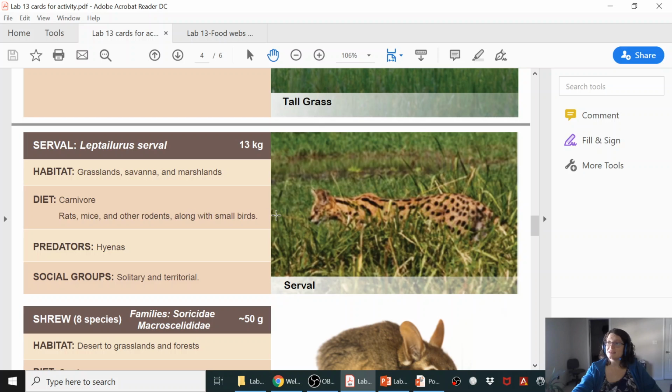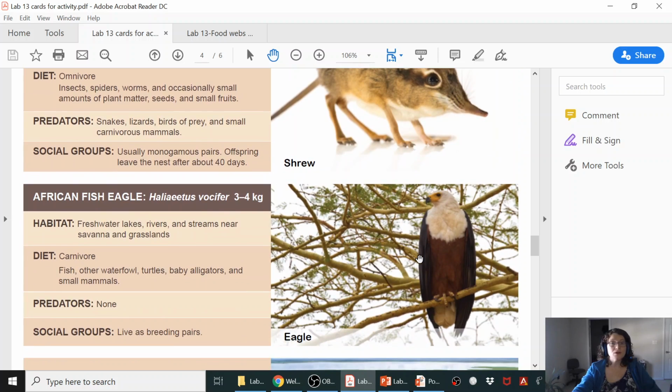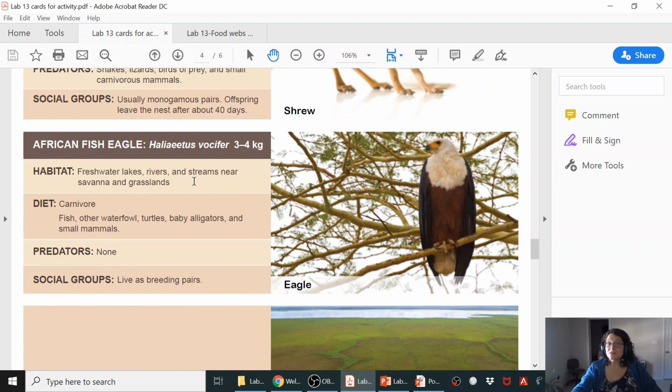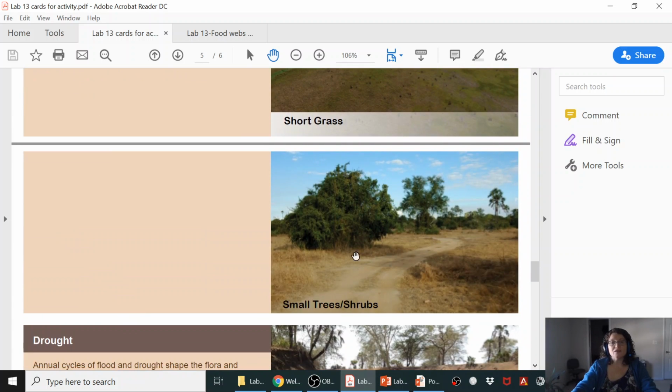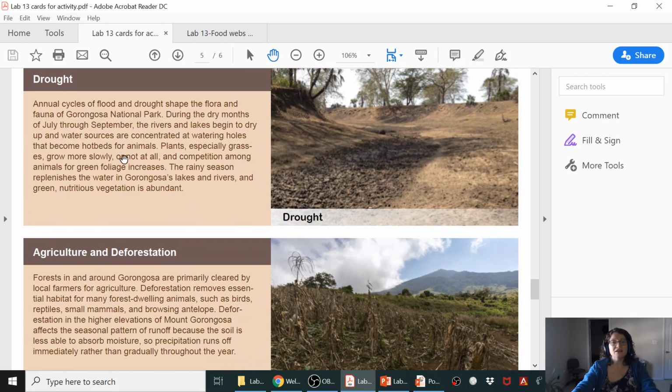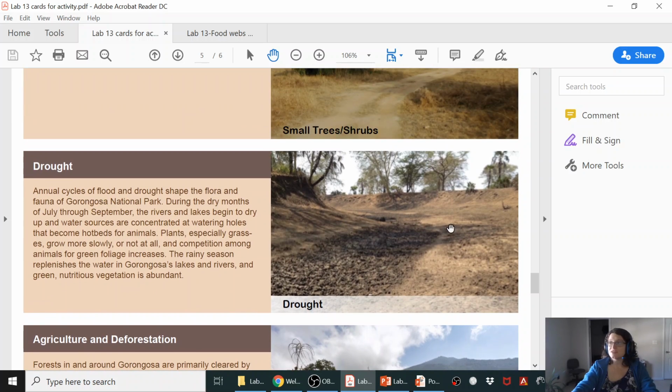You'll see it is at least a secondary, sometimes a tertiary consumer. Shrew, African fish eagle, okay, that's going to be one of the top predators. See, it has no predators, and it's eating a bunch of things, including baby alligators, which are already a secondary predator. Okay, we have the short grass, we have the small trees and shrubs, and then past that are these events.